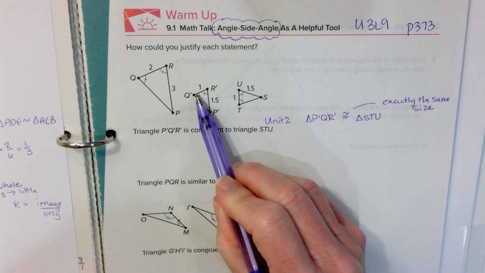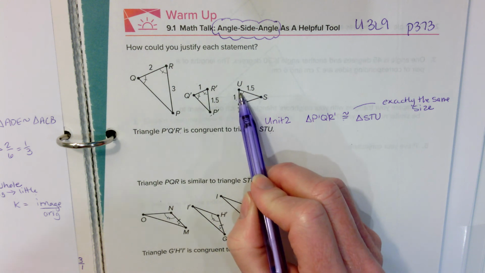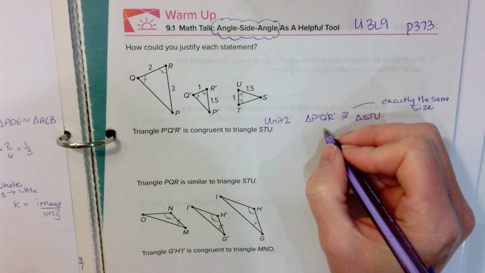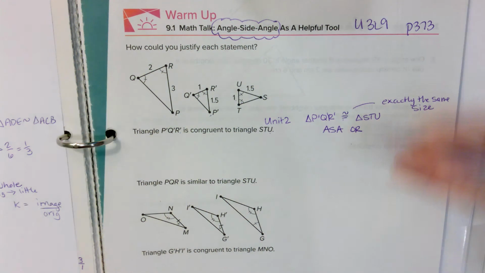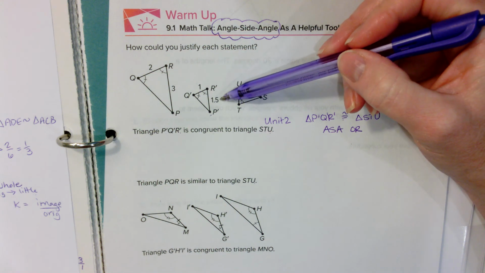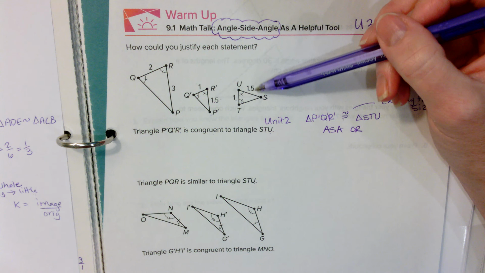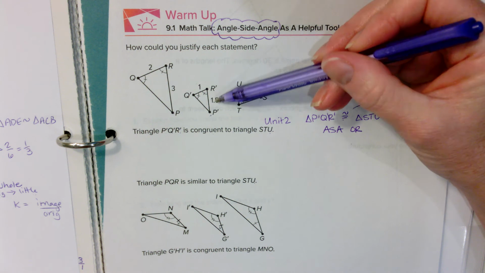So these could be congruent by angle, side, angle. Or notice they give me this side over here that's 1.5, and this is 1.5. So for the same reason, I could use side, angle, side.